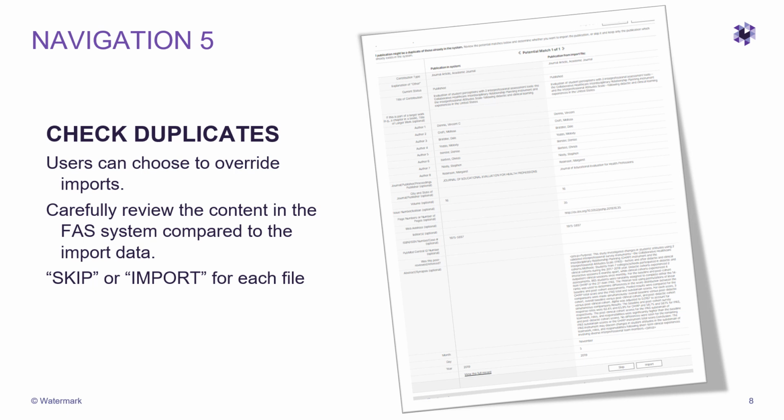Using the drop-down menu at the top, you can limit the publications displayed to all or only those that require review. Once you determine whether or not each publication is a duplicate, you'll click the Continue button in the upper right corner of your screen and move on to the next step.